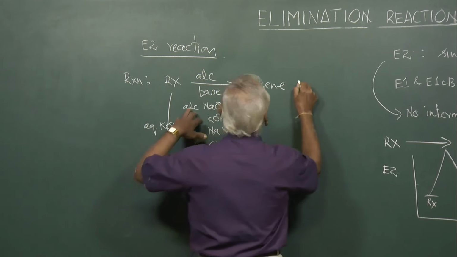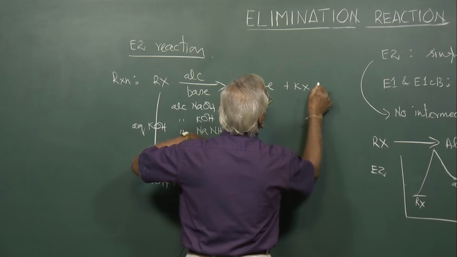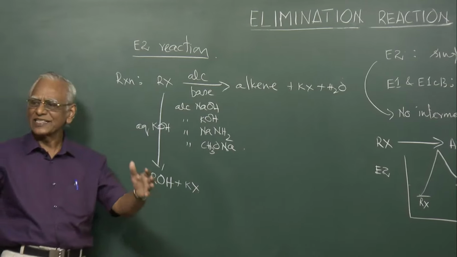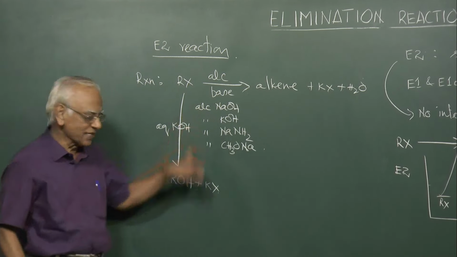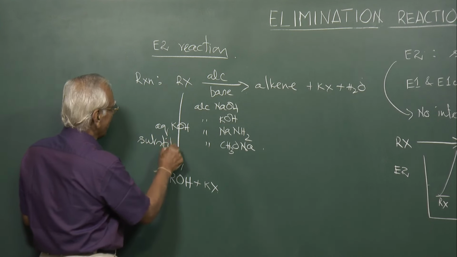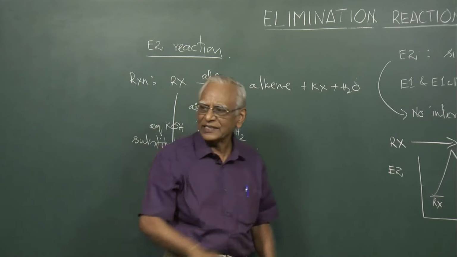And what is it that I am going to get here? I will be getting potassium halide plus water. The mechanism itself is different. This one is an elimination reaction, whereas that is a substitution reaction. Simple questions of this type can be asked in the main examination.